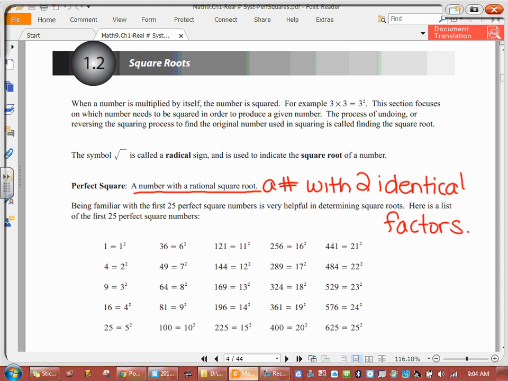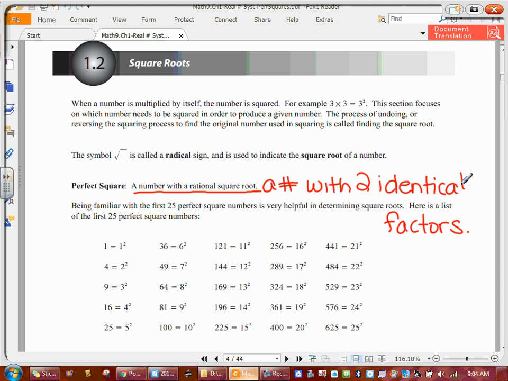Okay? That's what it is. It is a number with 2 identical factors. So, 2 times 2. 2 and 2 are identical factors. They will give us a perfect square of 4. So the factors are identical.